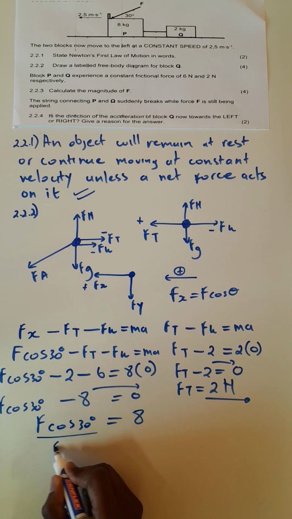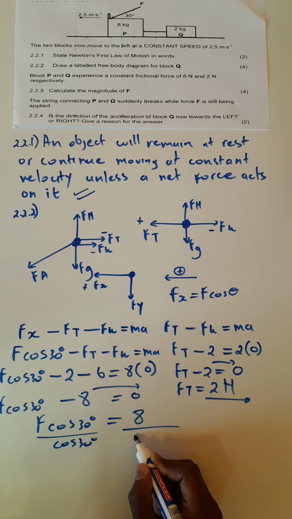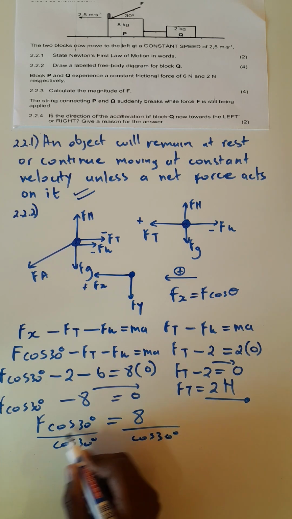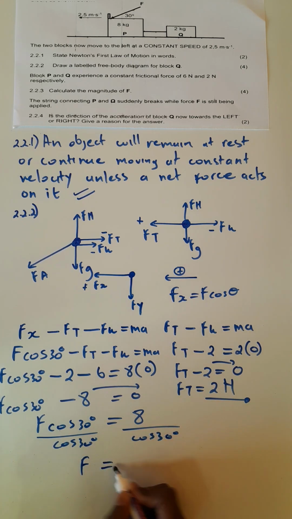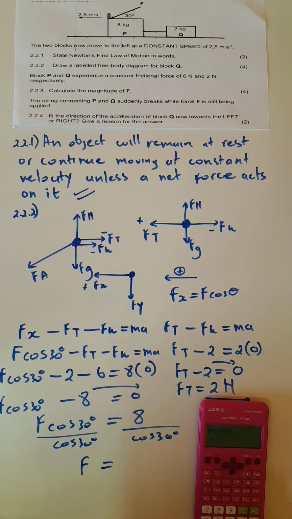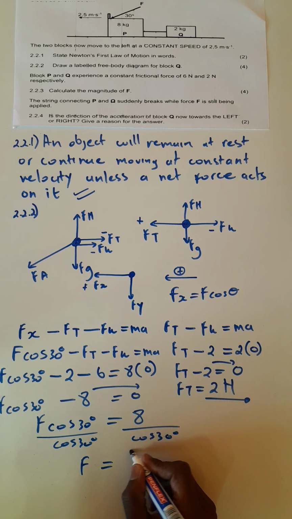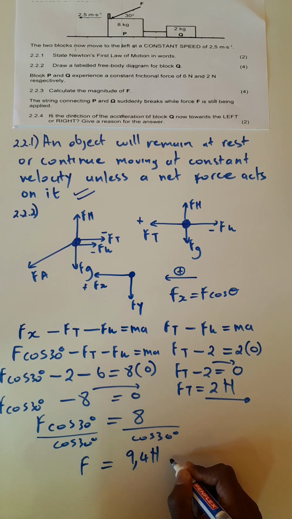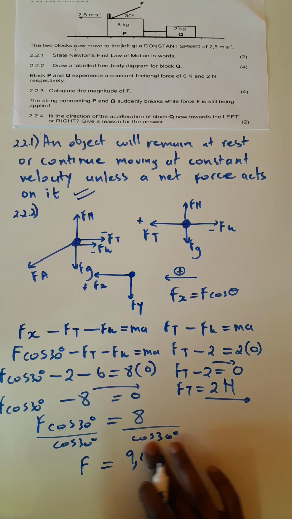Then we divide both sides by cos 30, so the cos 30 cancels and we are left with F. Our answer is 8 divided by cos 30, which gives us 9,24.